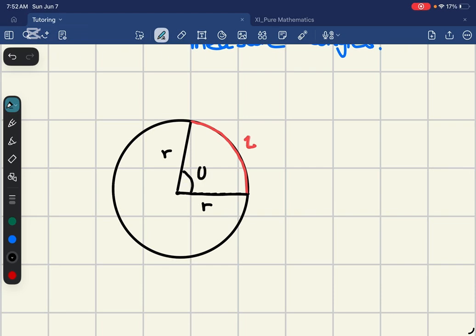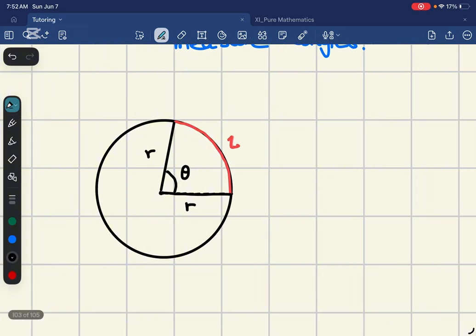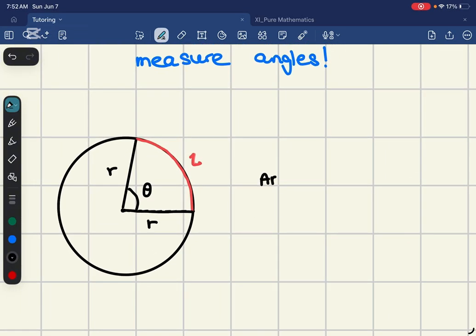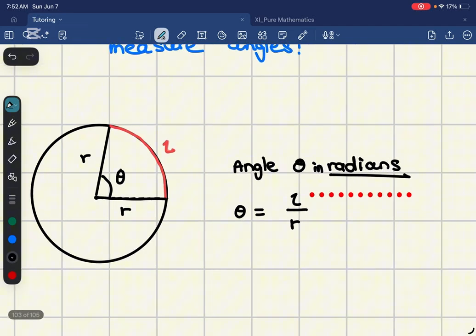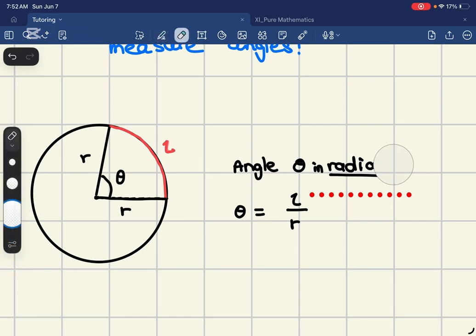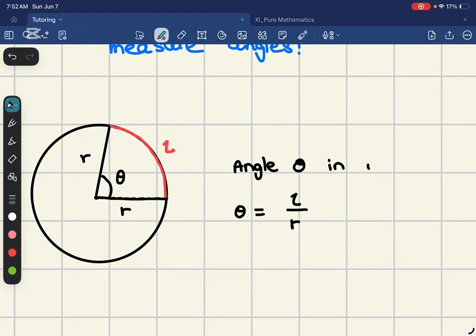And if you want to know what is the angle, theta, formed between these two radii that we have drawn, well, the angle in radians, which is our new unit, so theta, the angle theta in radians is going to be equal to this ratio L divided by R. So if you want to know what angle this theta is, then you need to do this L, which is the curved length, divided by R. So that is how you find out radians, right?